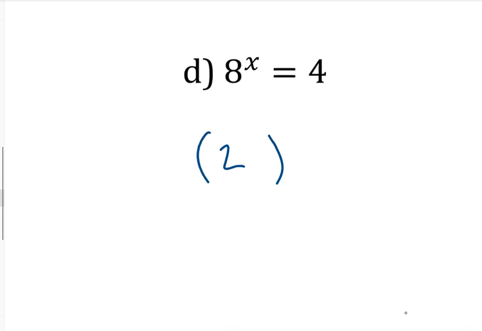8 is 2 to the what? 3. So 2 cubed is 8. So that's 8 to the x. And 4 is 2 to the 2. What's the rule when I have a power of a power?